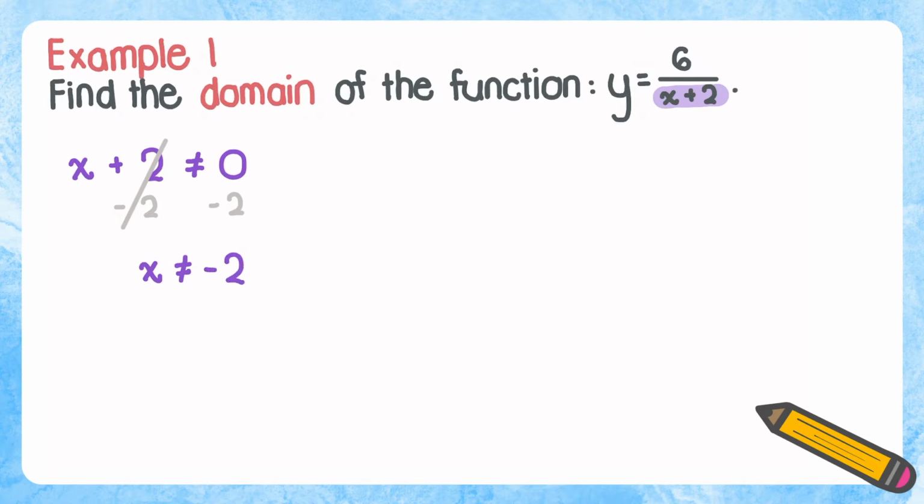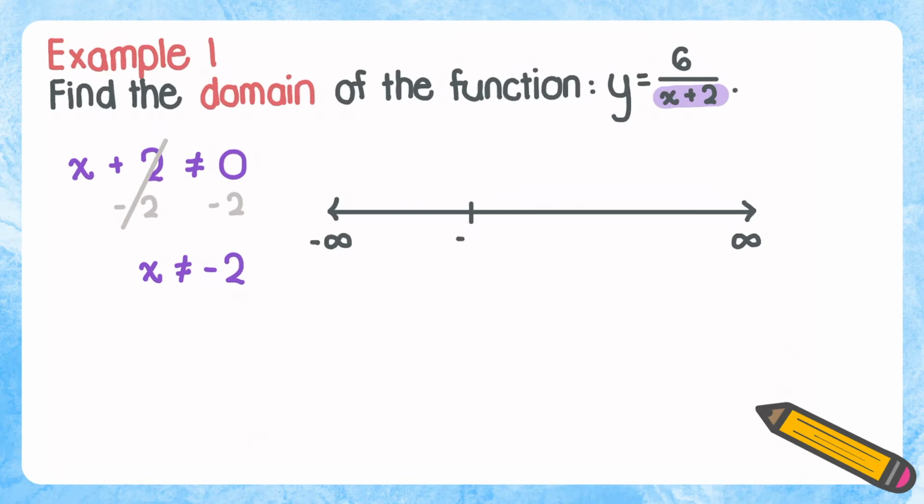So when you think about the domain, think about having like a number line where you start from the left. So you start from negative infinity all the way to the right, so positive infinity. And then from here, you think of all possible x values.